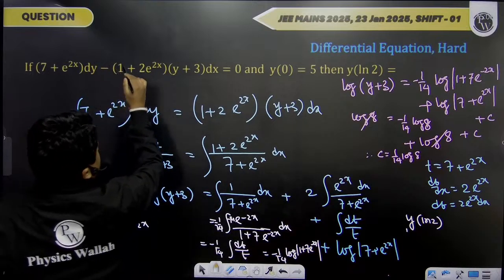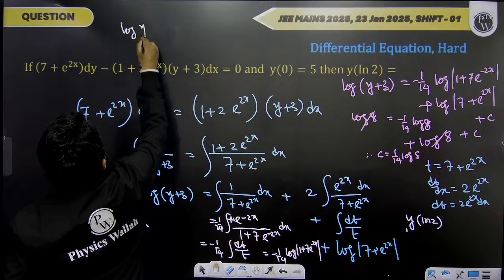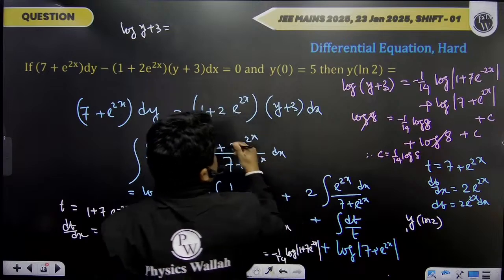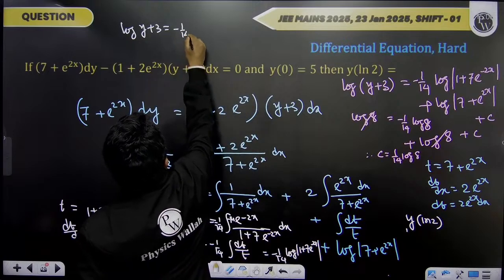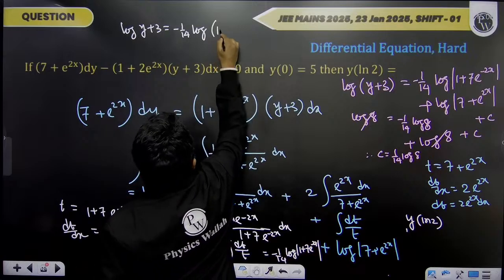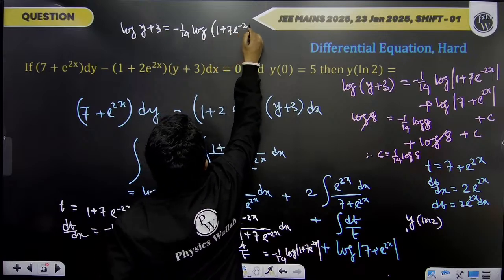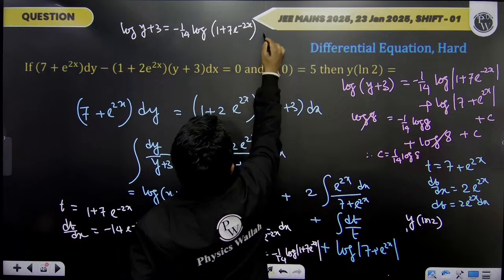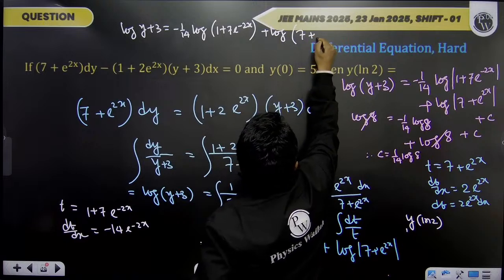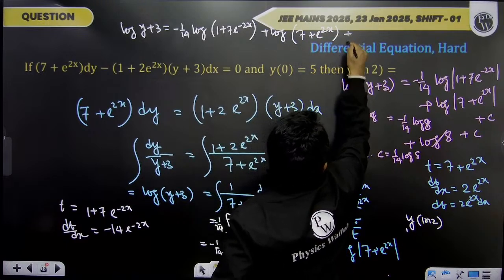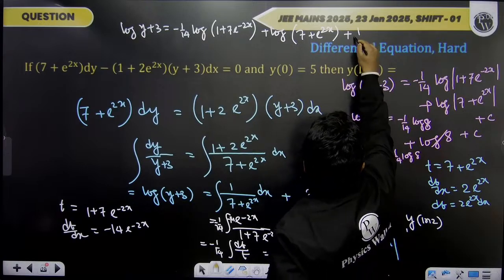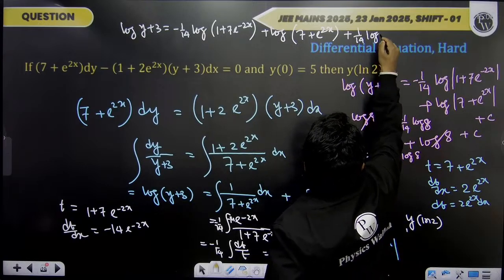So we are getting log of (y + 3) equal to minus 1/14 into log of (1 + 7e^(-2x)) plus log of (7 + e^(2x)) plus c, and c is 1/14 into log 8.